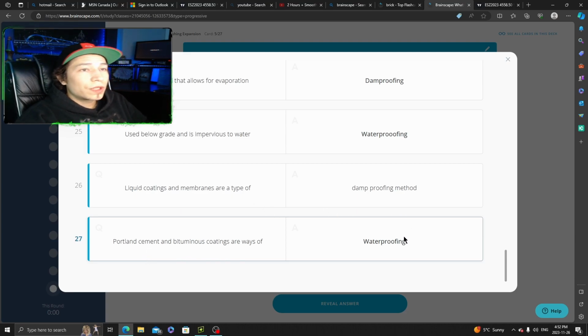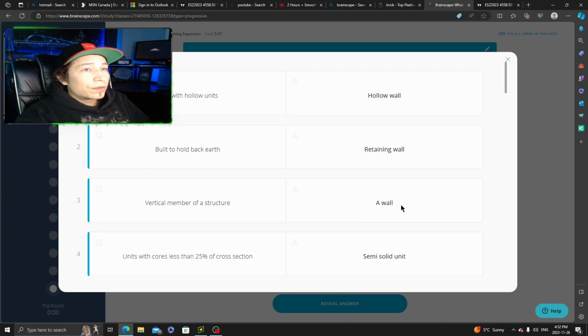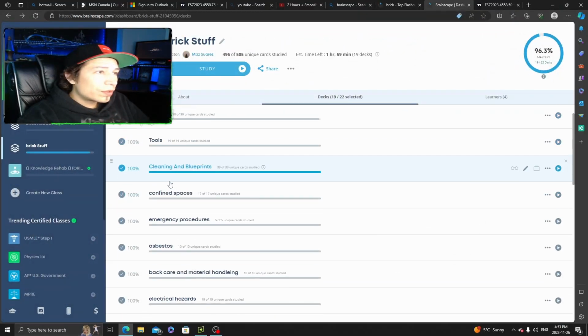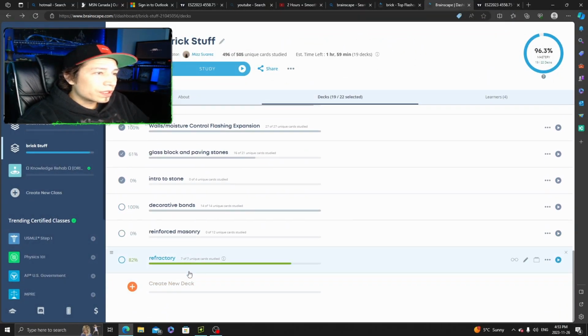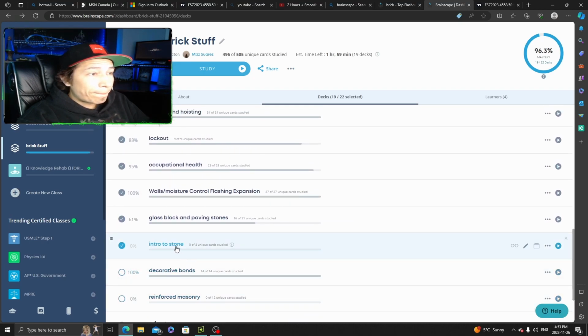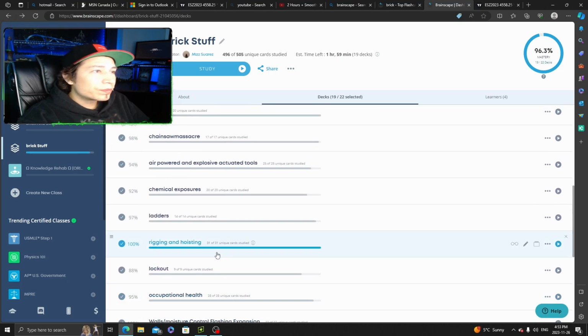Okay, so that's walls, moisture control, flashing, and expansion flashcards. What's another topic that we could lump into this? Refractory, reinforced masonry. I feel reinforced masonry could be similar.